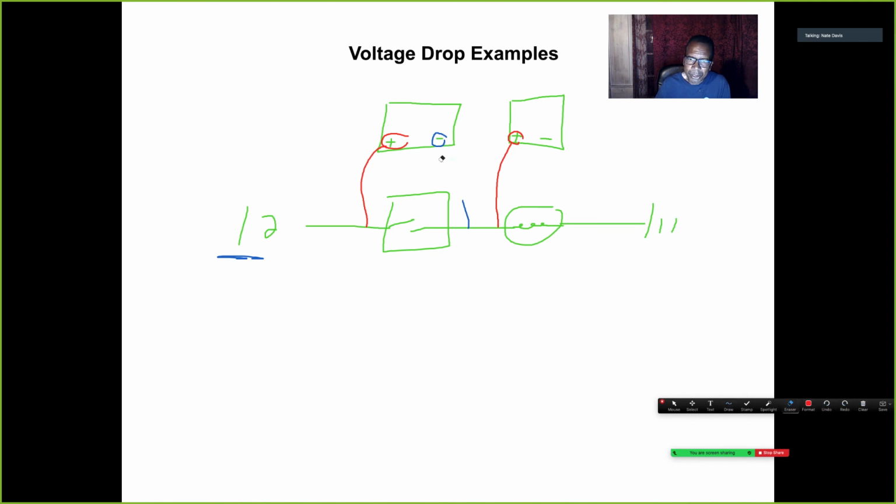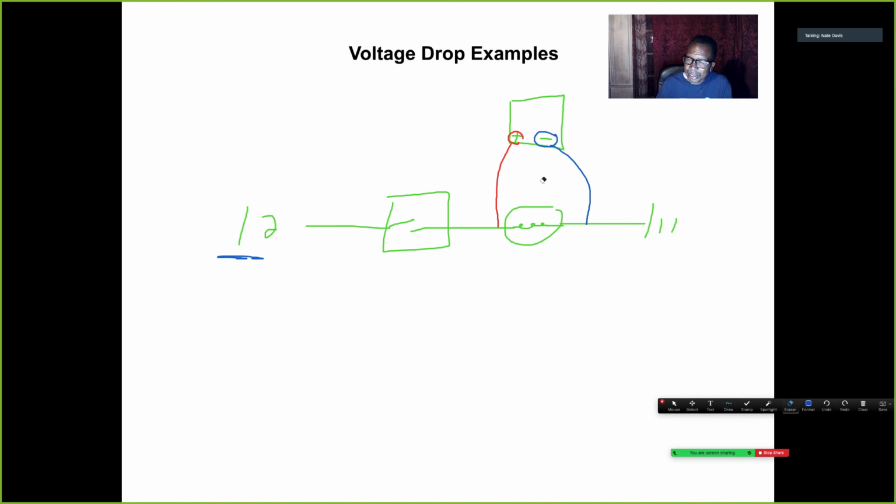I don't want to confuse you. And a black lead goes to the least positive side of the circuit. See here, the red lead. This is the hot side, so the red lead goes there. This is the ground side. The black lead goes there.